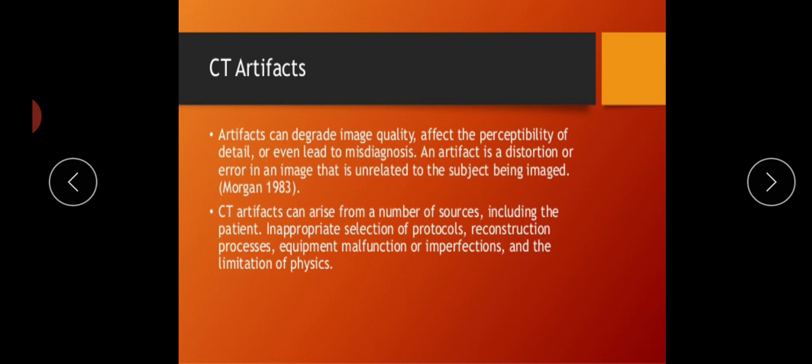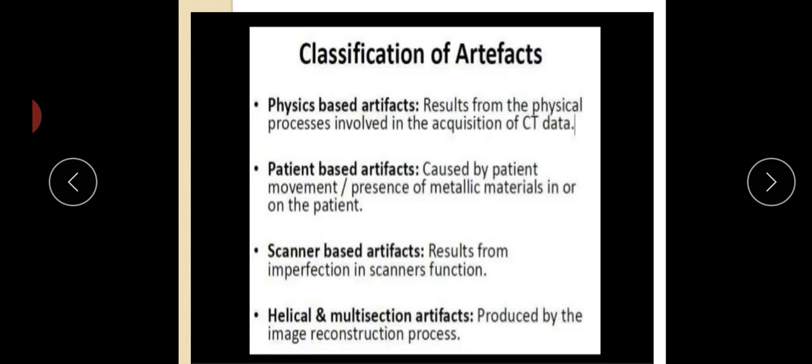CT artifacts can arise from a number of sources, including the patient, inappropriate selection of protocols, reconstruction processes, equipment malfunctions or imperfections, and the limitations of physics. There are certain classifications of artifacts, which are as follows. Number one is the physics-based artifacts, which result from the physical processes involved in the acquisition of CT data.